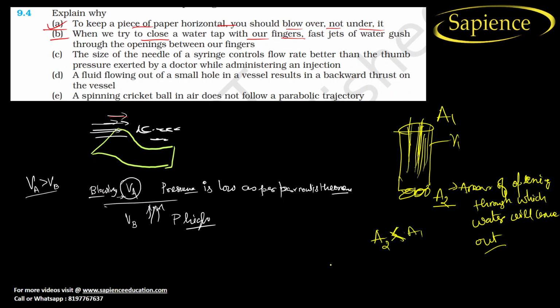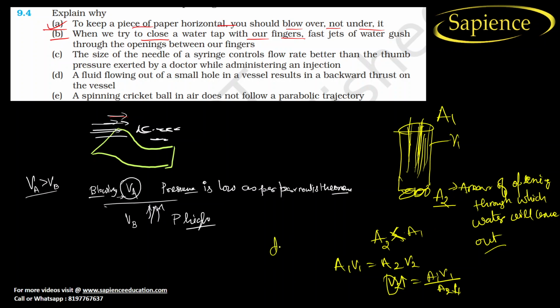Now as per the equation of continuity, we know that a1 v1 is equal to a2 v2. So v2 is equal to a1 v1 by a2. If the area is decreasing, then definitely the velocity will increase.